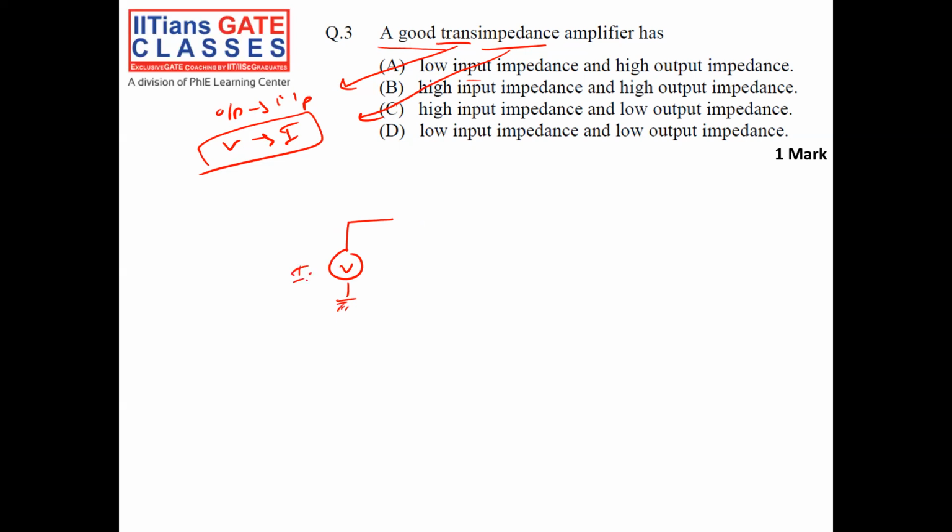IS, with some resistance RS, applied to an amplifier which is trans impedance. What should it do? It should accept the current, right?